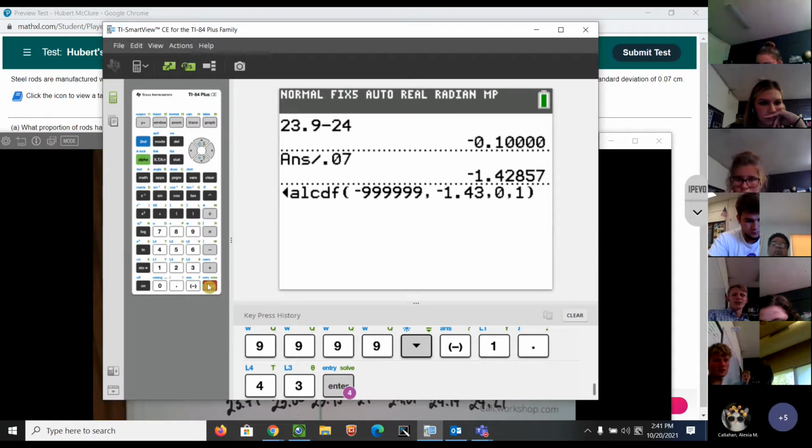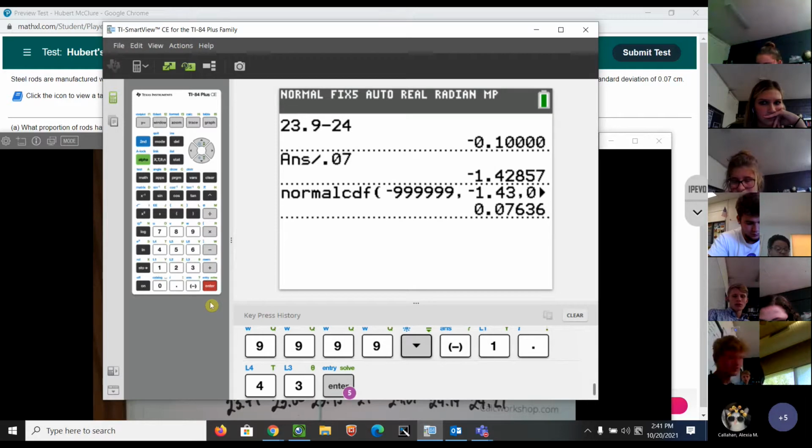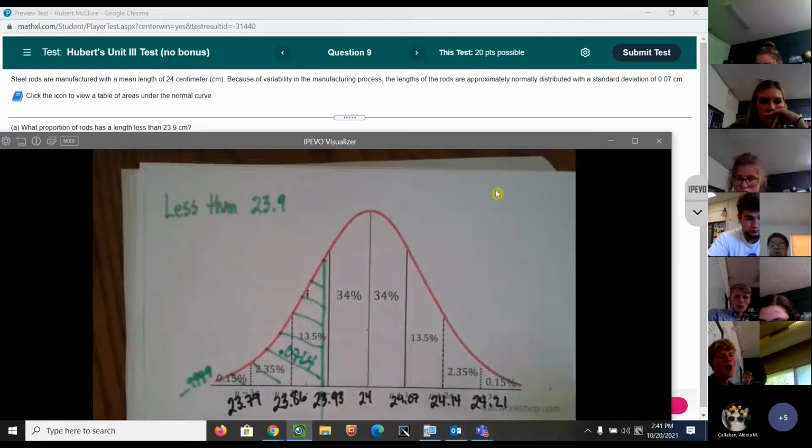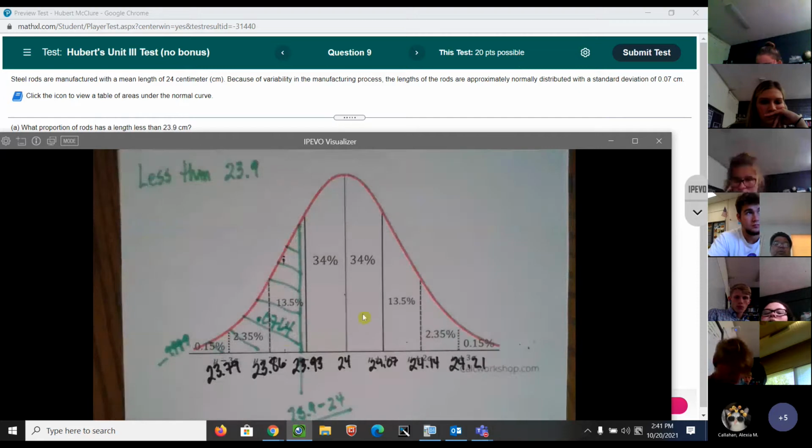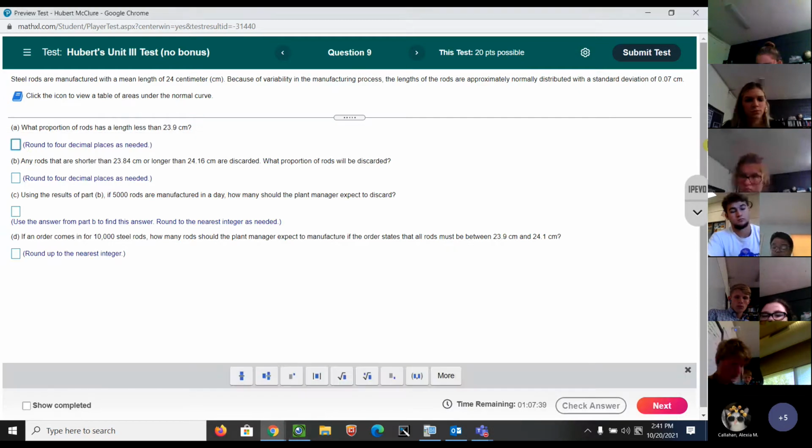And enter, enter, enter. 0.0764. So 7.64% is going to be below that length of 23.9. 0.0764. Glad they want it in 4 decimal places.